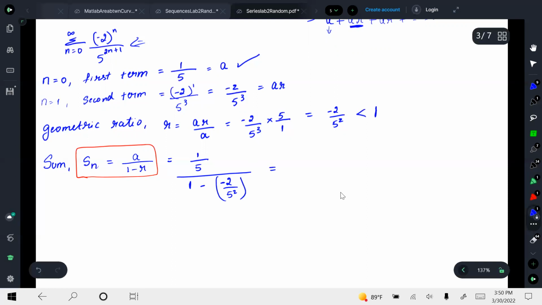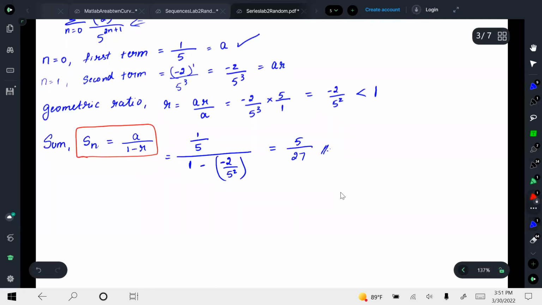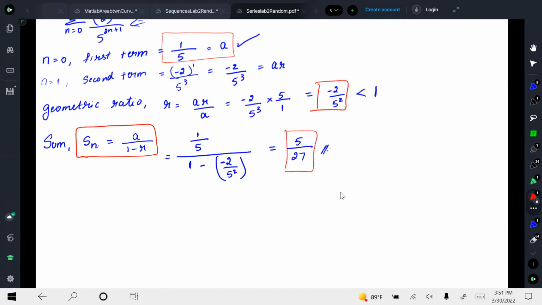This will be equal to 5 divided by 27. You can do this in your calculator and check whether it is correct or not. When you do this, you have to get the answer as 5 divided by 27. There you go. That's the first type: the first term, geometric ratio r, and the summation Sn. Okay, this is how you have to do example 1.